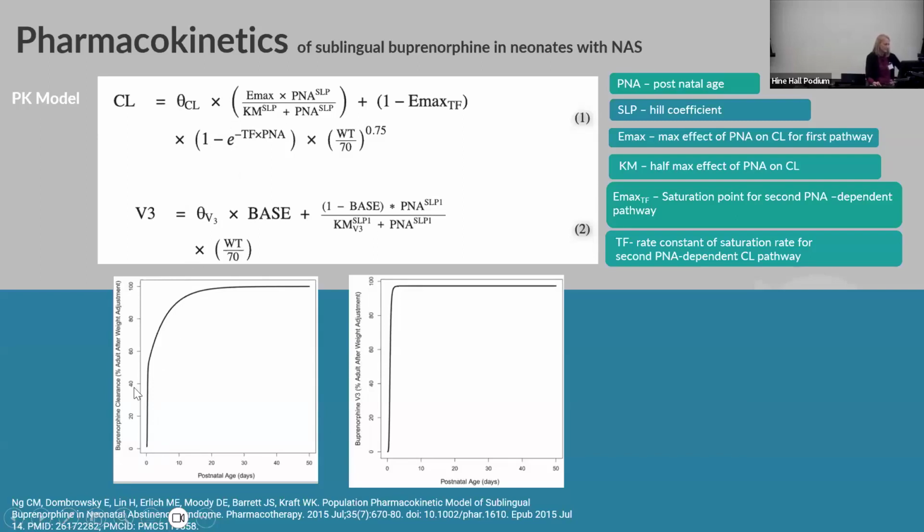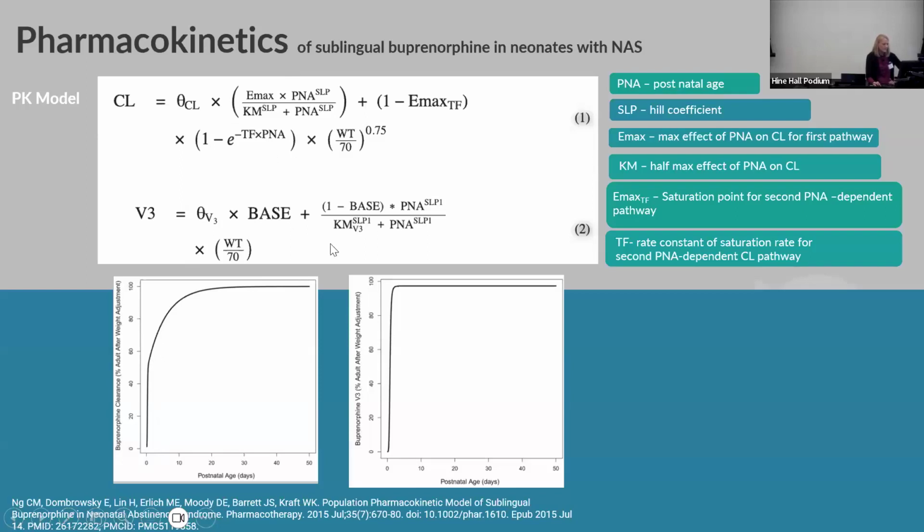And then we have this exponential piece that's the slower increase, whereby at about 23 days postnatal age, the infant is almost 100% of adult clearance. So that's how we relate infant to adult clearance in the model.